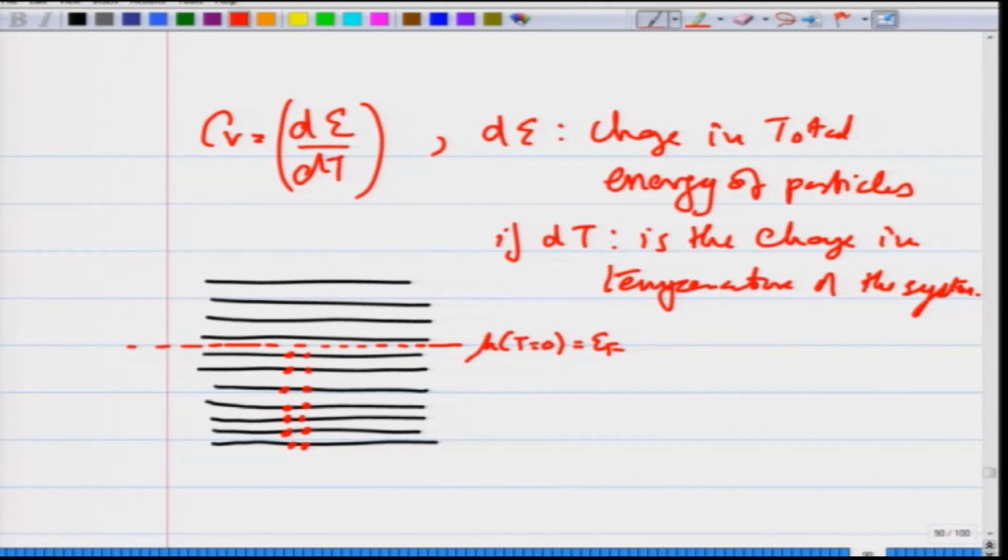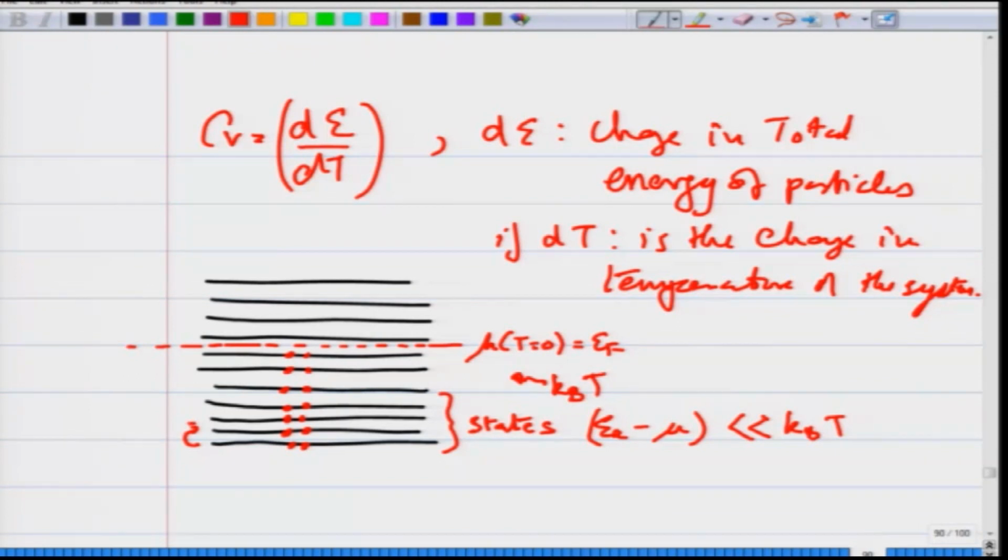Now, in this situation, if you apply kBT, if you supply heat to the system, states whose Ek minus mu is much less than kBT, states whose energy Ek from the Fermi energy, if this distance of these states from the Fermi energy is much less than kBT, then kBT will not be able to cause any excitation of these particles.